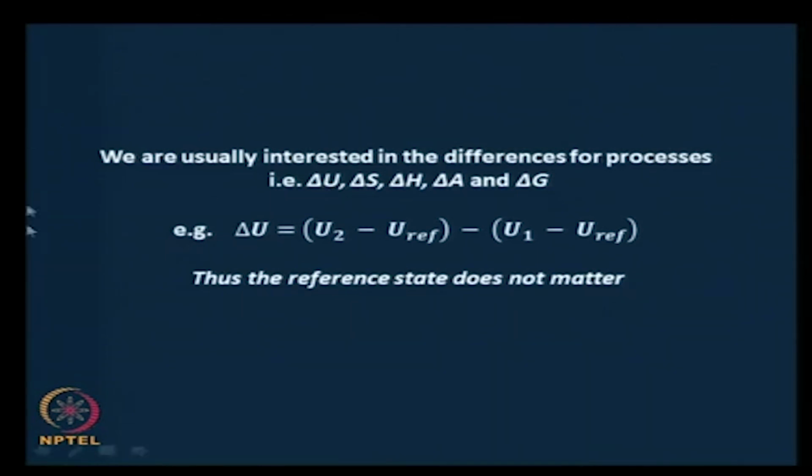For example, delta U would be the value at the final state, U2 minus U reference, and the value at the initial state or state 1 is U1 minus U reference. If you take this difference, it becomes U2 minus U1 anyway, the U reference values get cancelled out. Therefore, it does not really matter what reference value you choose, but for any of the values at any point to make sense, you need a reference value. In fact, you need to know where it has been assigned the value 0.